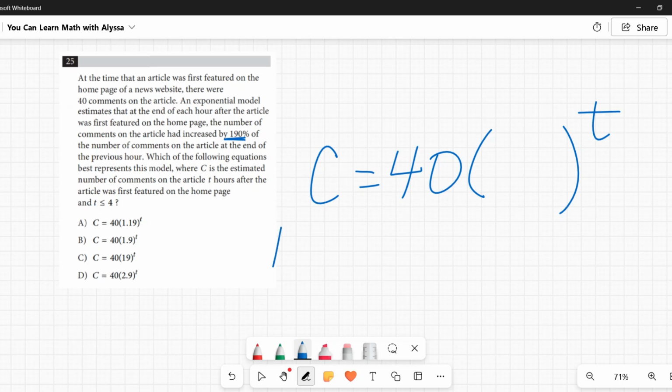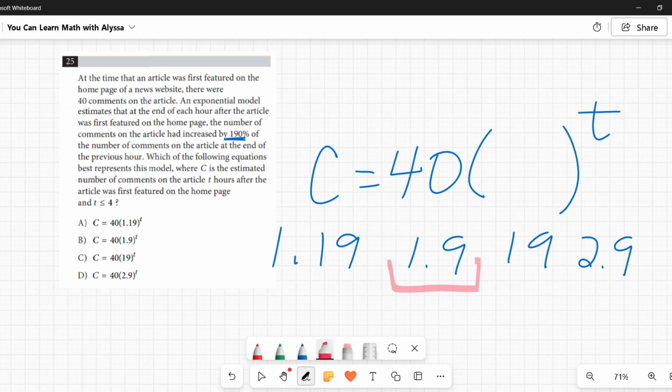Look at our options here. We have 1.19, 1.9, 19, and 2.9. And I'm going to bet that a lot of you were drawn to this 1.9. It's got these 3 variations that are so close. We got 1s and 9s. It's just little variations in where the decimal is or isn't.